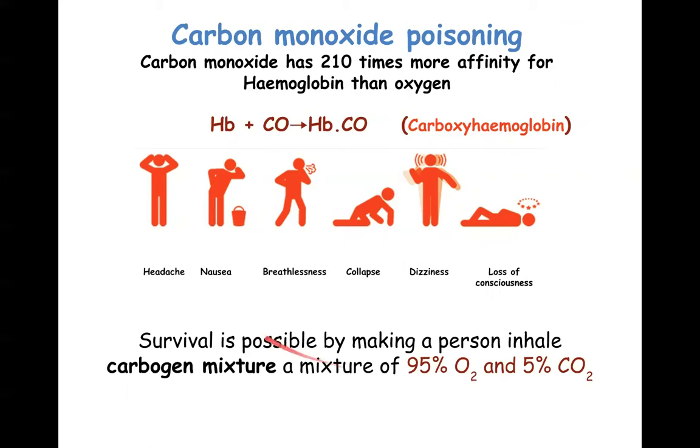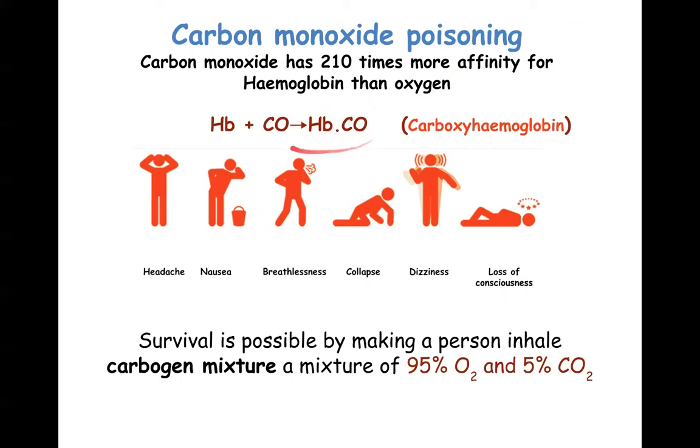Carbon monoxide is a colorless, odorless gas, which is 200 times more stable in forming a compound with hemoglobin. So it has more affinity to combine with hemoglobin than oxygen. Amongst the three compounds of hemoglobin, carboxyhemoglobin, which is hemoglobin combined with carbon monoxide, is the most stable, and oxyhemoglobin is the least stable.